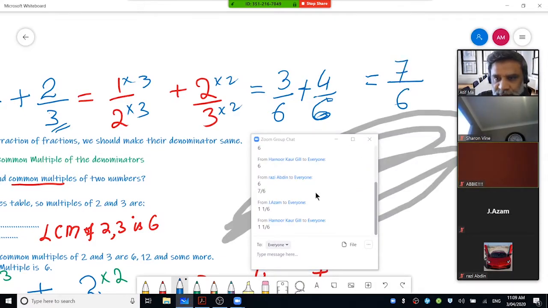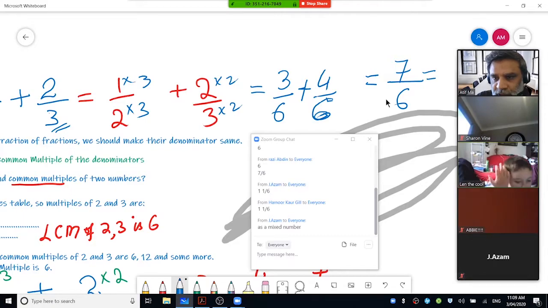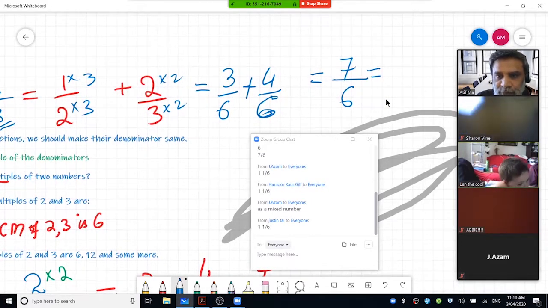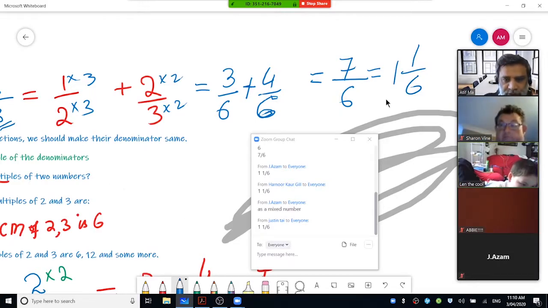So this becomes 7 over 6, and if you write it in mixed form, it becomes 1 whole 1 over 6. Good. So let's go to the next part.